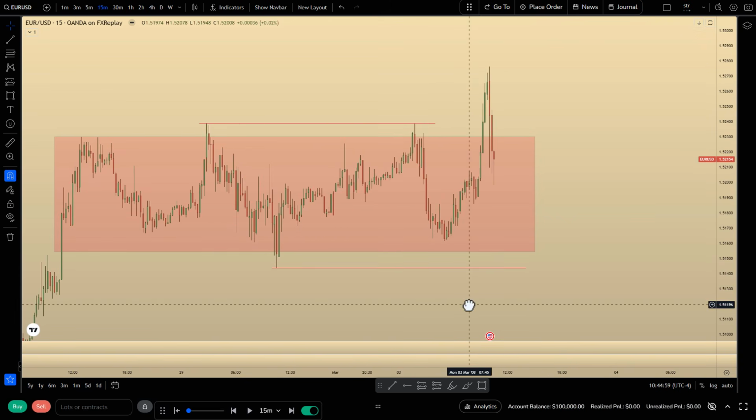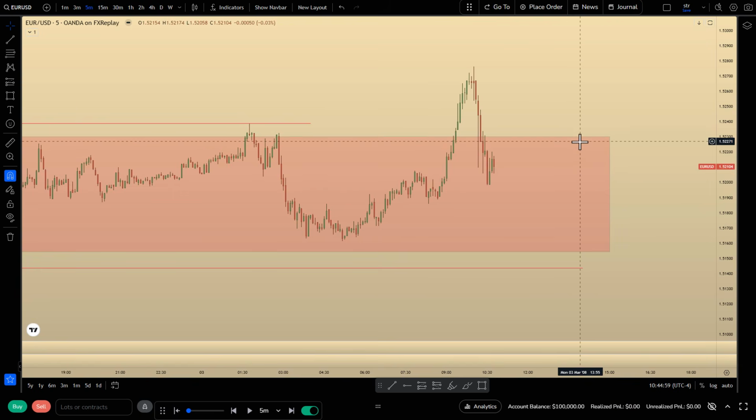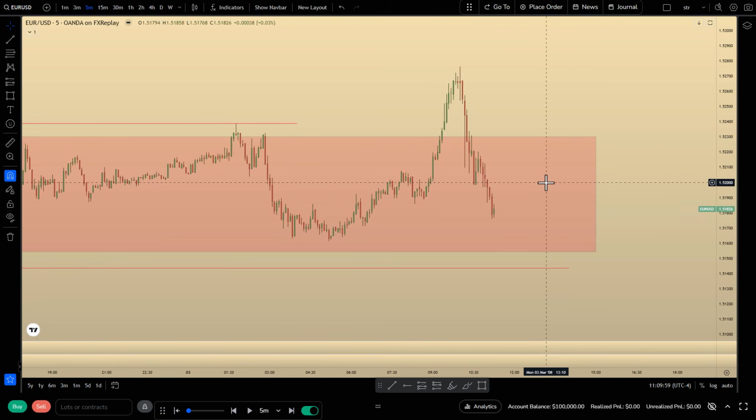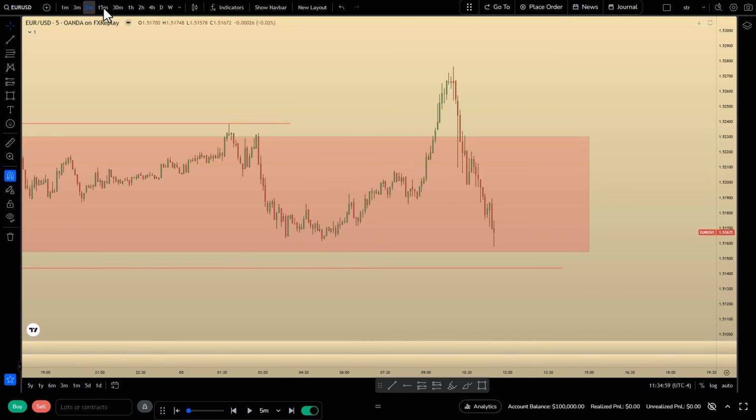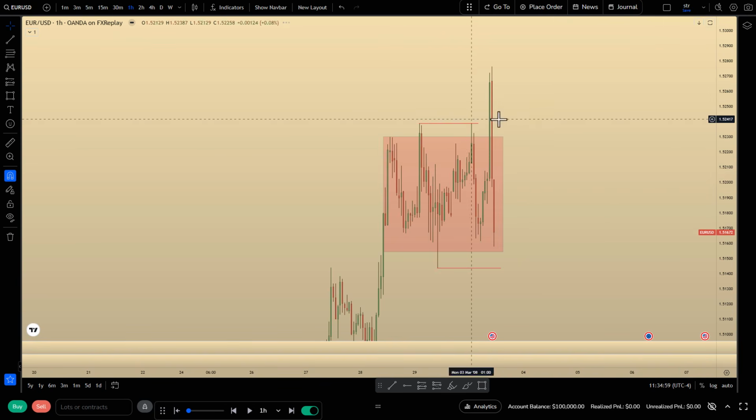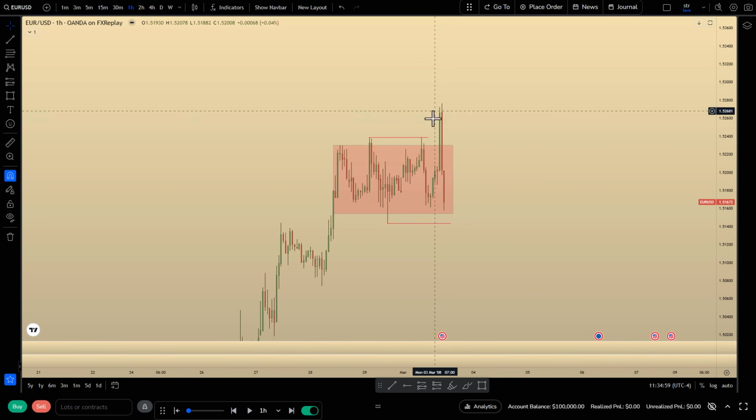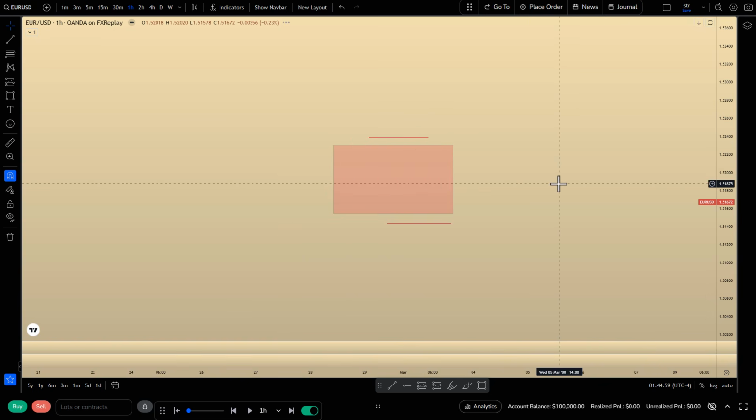Let's see if we're gonna find support out of this range. Let's go to the 5 minutes. Alright, so nothing. So basically this is still a range. This is just a deviation out of the range. It's 11:30. Let's go back tomorrow.